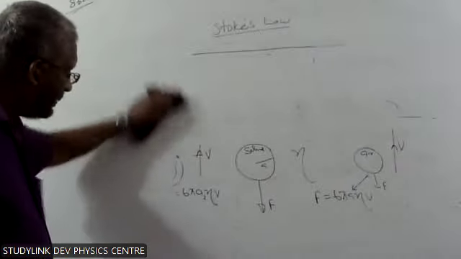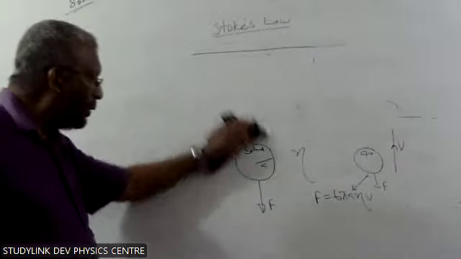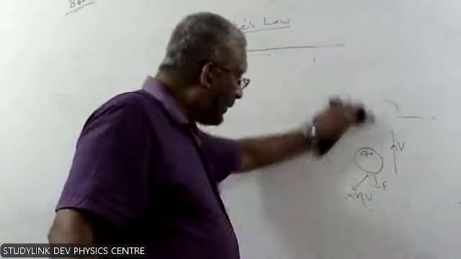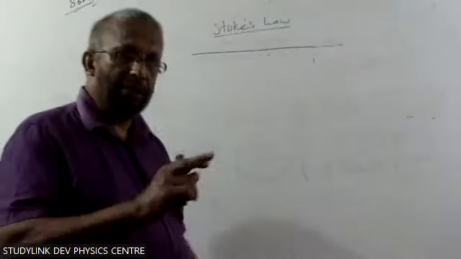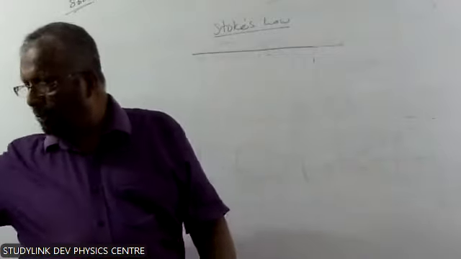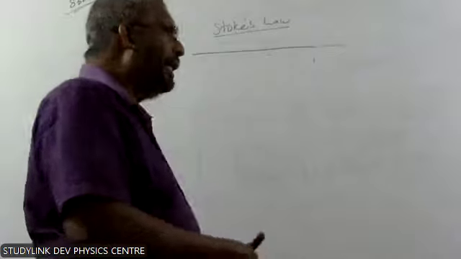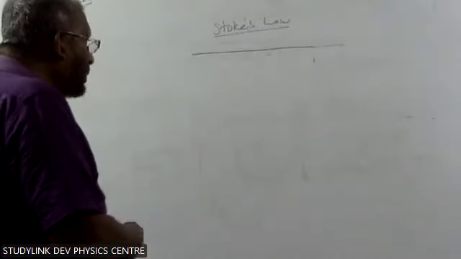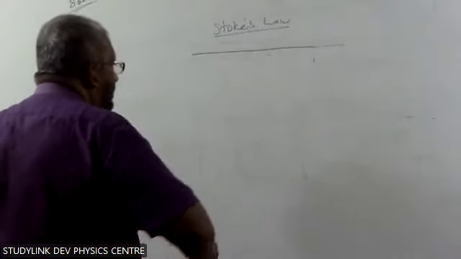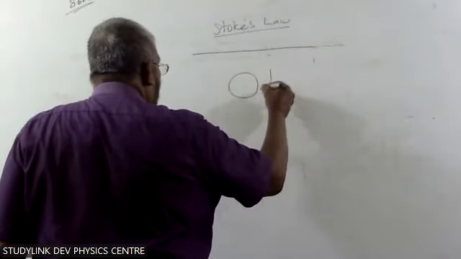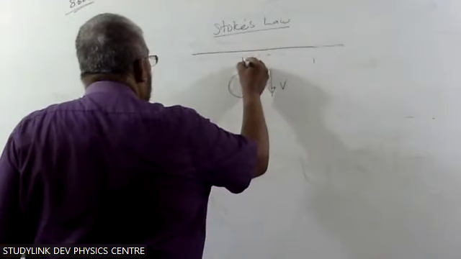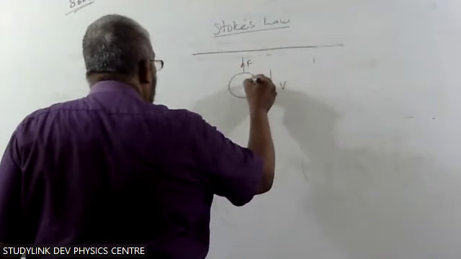Now we'll consider how to get this equation using dimensional analysis. That's the first unit, but anyhow I'll do it. Here, the situation is this. A sphere falling down with V, frictional force is F, radius is A, viscosity is eta.